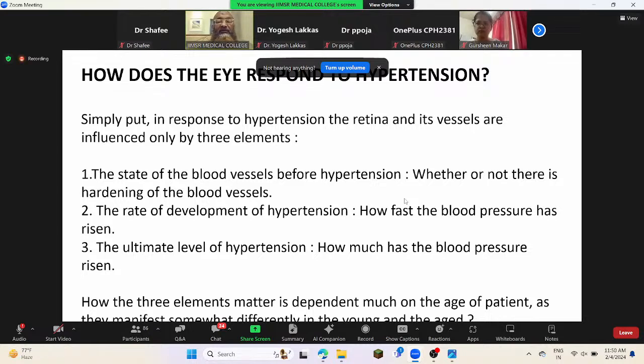How these elements matter depends much on the age of the patient, as they manifest somewhat differently in the young and the aged.